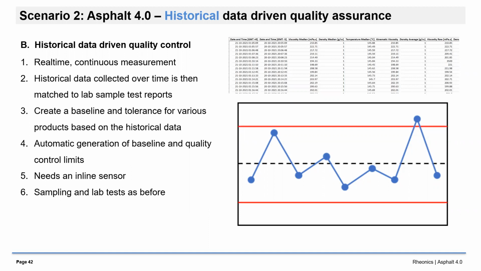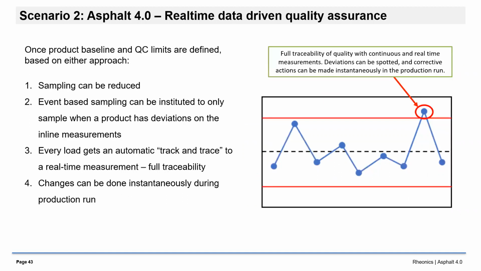Your real-time data will show a certain variation when everything was good, and it will show that the variation was too high when it was not good, like an outlier. So from your lab and the real-time measurements, without doing any R&D in the lab, you have been able to create both a baseline and the limits for your asphalt product.